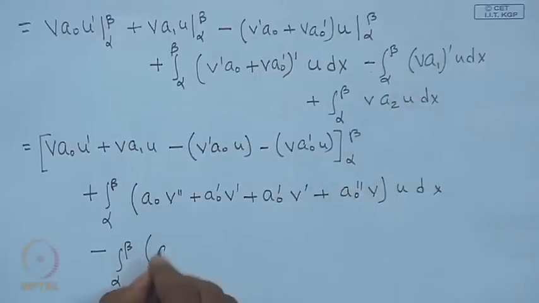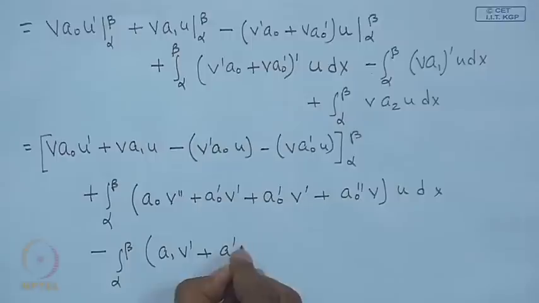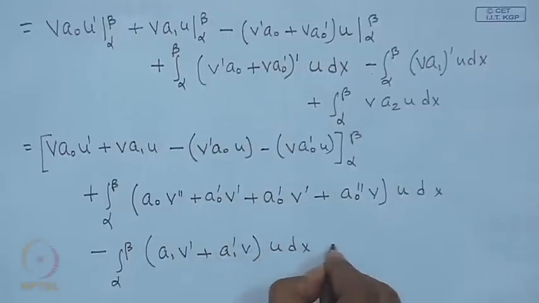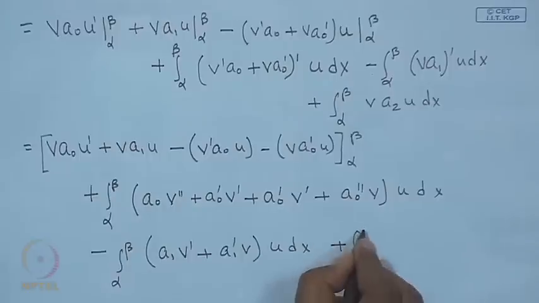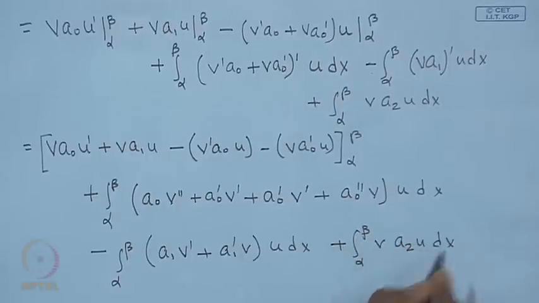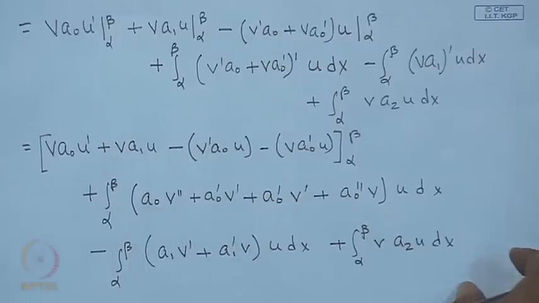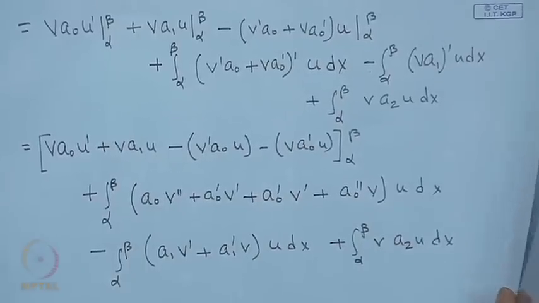So, it will be a 1 v prime plus a 1 prime v u dx, and the last term is alpha to beta v a to u dx. So, we go forward and do further simplification and see what we get.